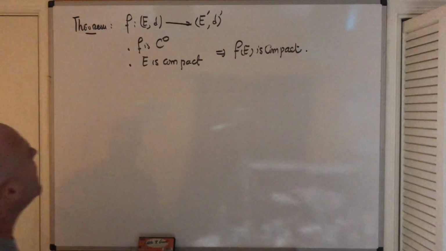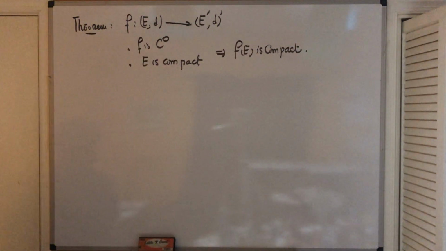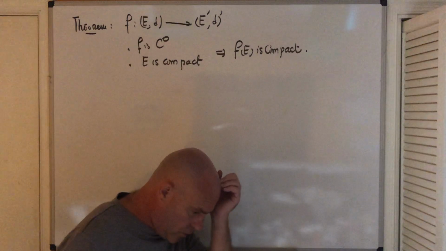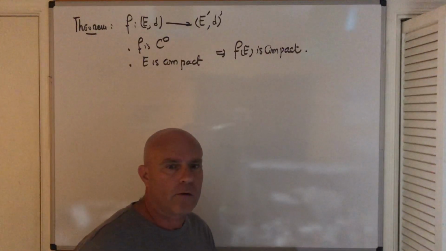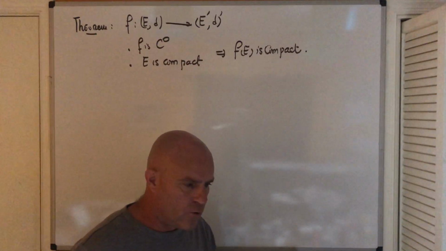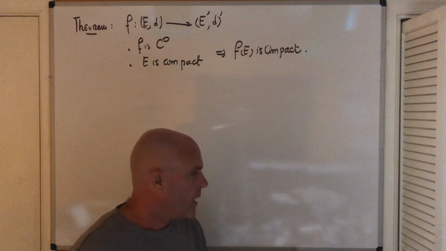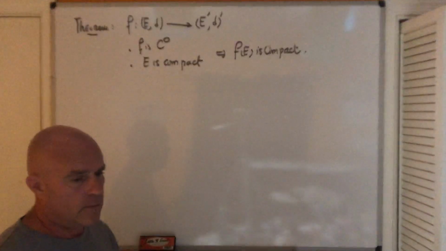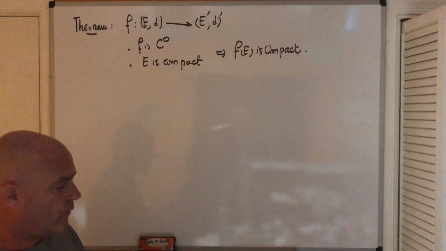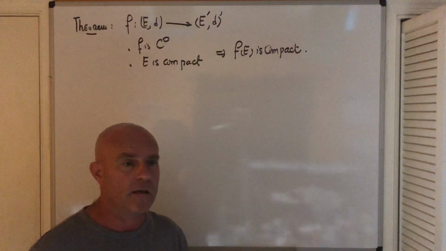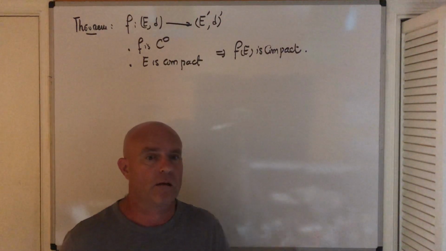That's what I'm saying. So actually, I want to give two proofs of this theorem, and you should not ignore any of those. Remember, in the frame of metric spaces, compactness and sequential compactness mean the same thing.